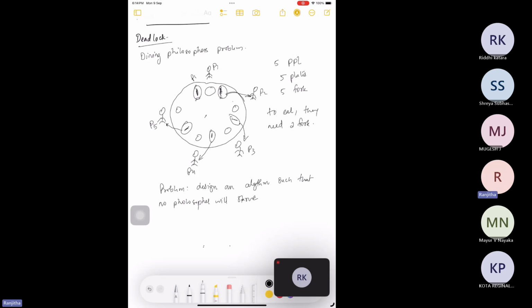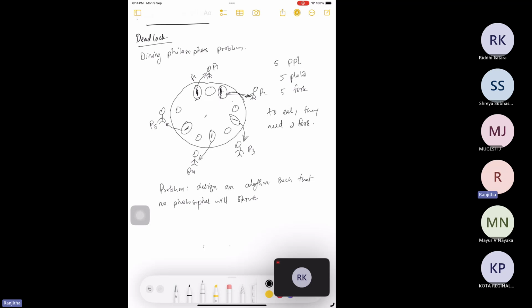So P1 will have one fork, P2 will have one fork, P3 will have one, P4, and P5. All of them will be holding one and waiting for the other to release the second one. So what kind of situation is this? P1 has this fork and is waiting for P2 to release.